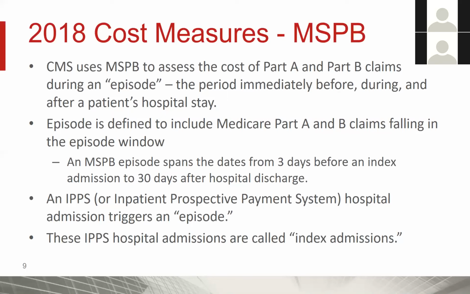Again, an MSPB episode will span the dates 3 days before an index admission to 30 days after a hospital discharge. So all of the costs that are accrued during that period will be evaluated. An IPPS, or Inpatient Prospective Payment System, hospital admission will trigger an episode, and these IPPS hospital admissions are called index admissions.